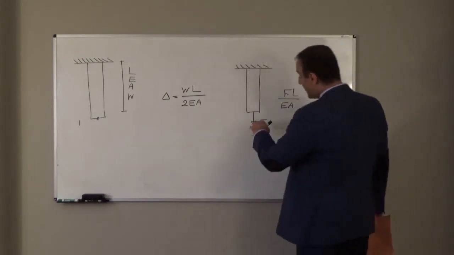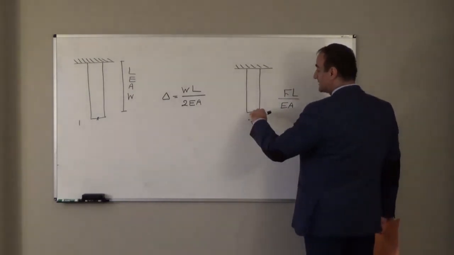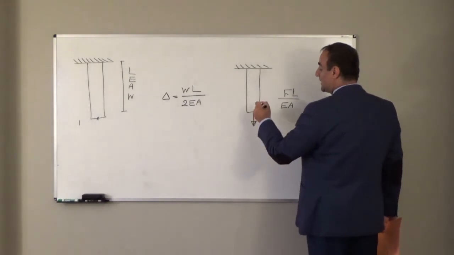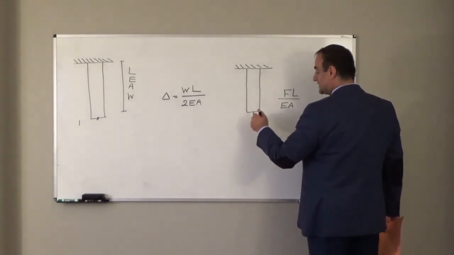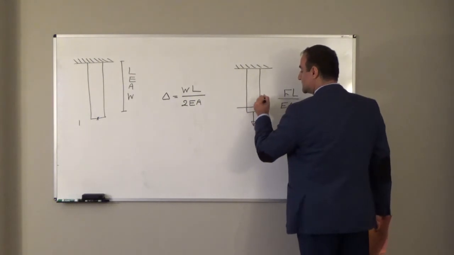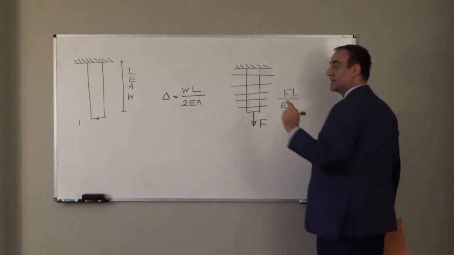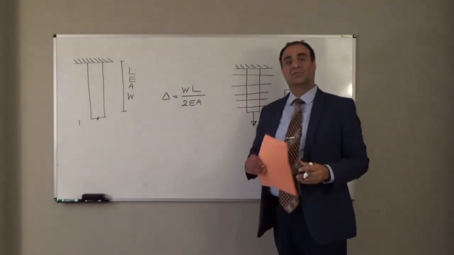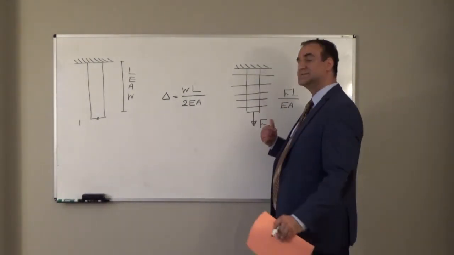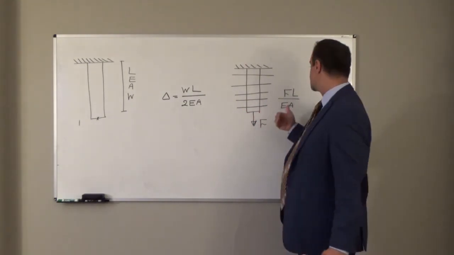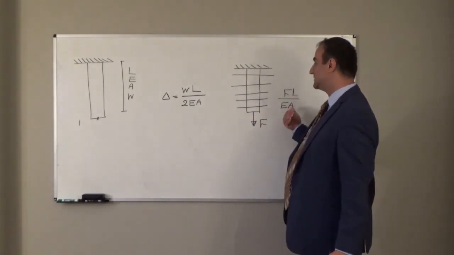But F is constant in this entire rod. If I apply F here and cut in any location, the internal force will be equal to this F. So the internal force is constant, and in that case it is FL over EA.